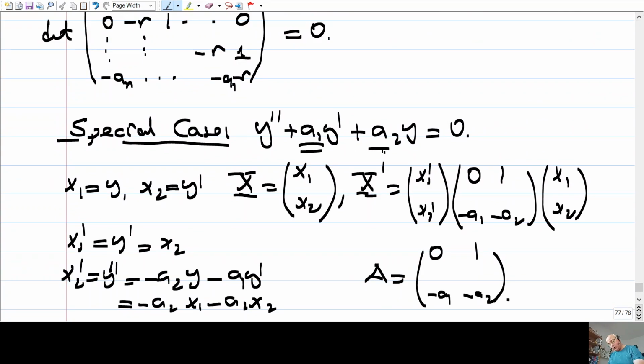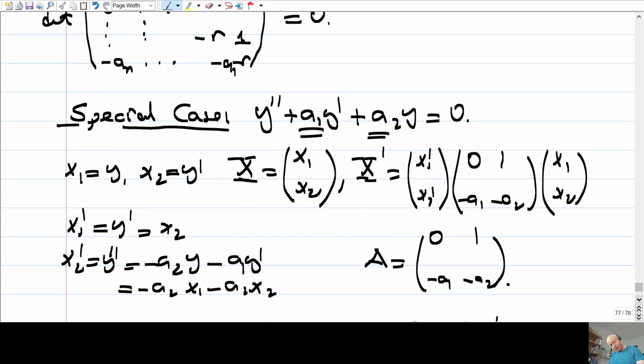Yani onu nasıl yazdığına göre böyle yazarsam o zaman bu şekilde olacak. Öyle değil mi? Yanlış mı yaptım? X2 prime y'nin ikinci türevi. Y'nin ikinci türevi de eksi a1 çarpı y prime.